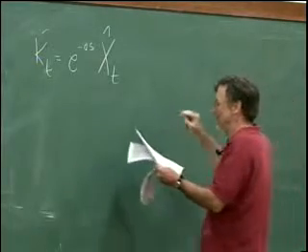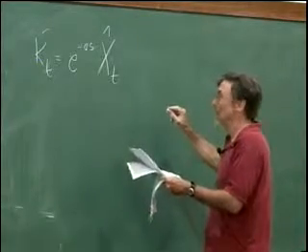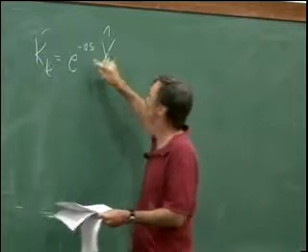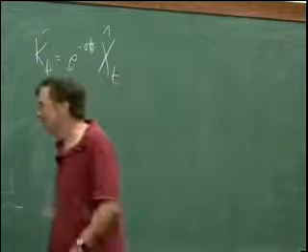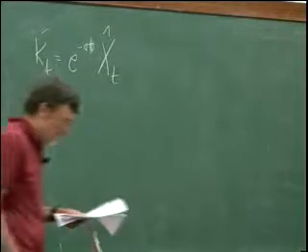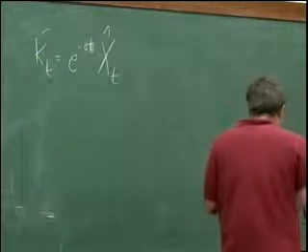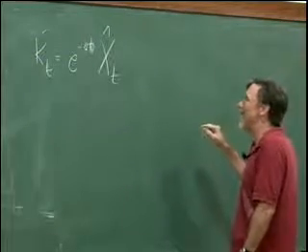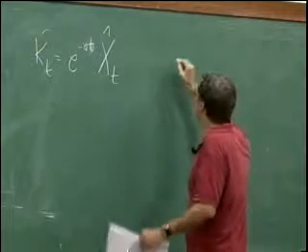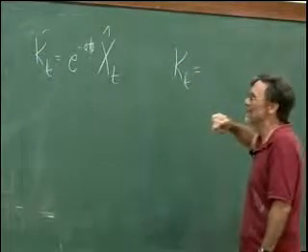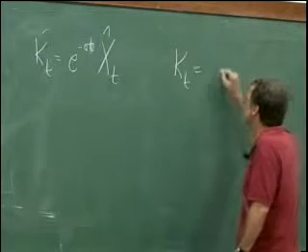Okay. Do I have any others? Right. Sorry about this. And we'll define j_t to be the inverse hyperbolic sine of k_t.